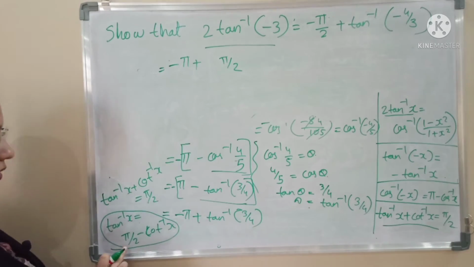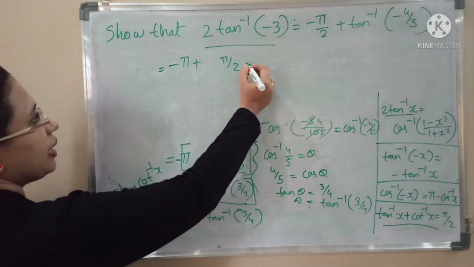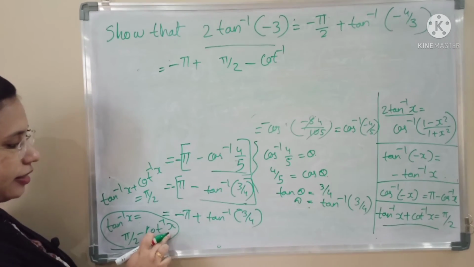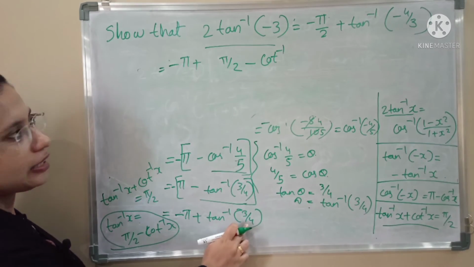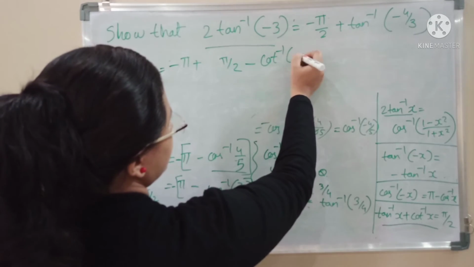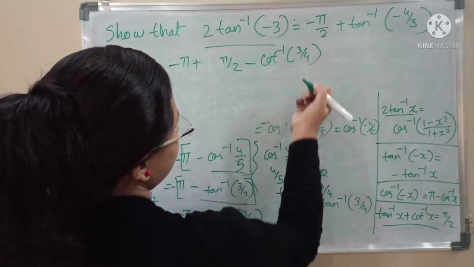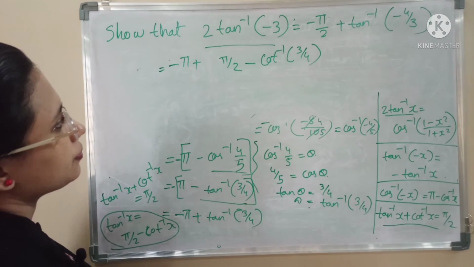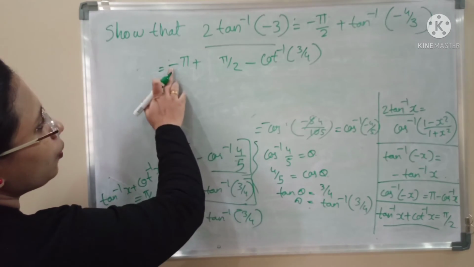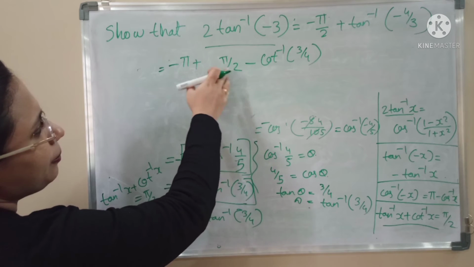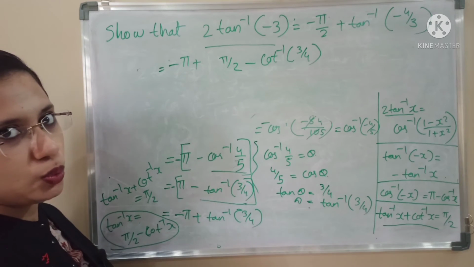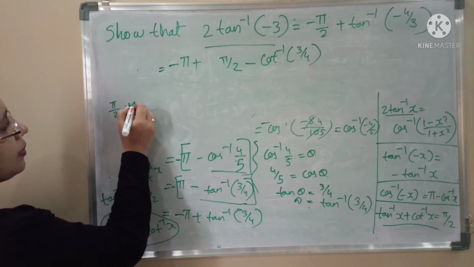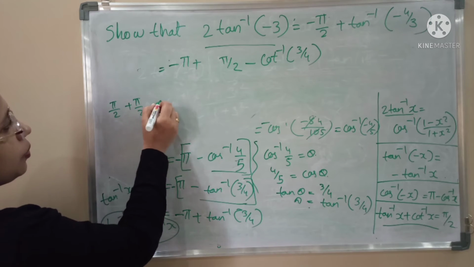So this is pi by 2 minus cot inverse of x, right? Here x is 3 by 4, so just put it. Okay, we got this. Now minus pi plus pi by 2, what is that?